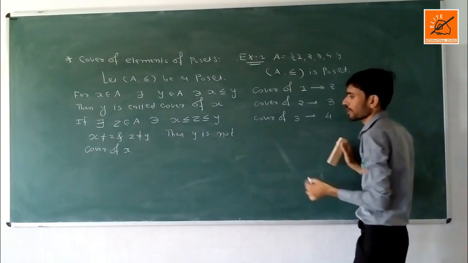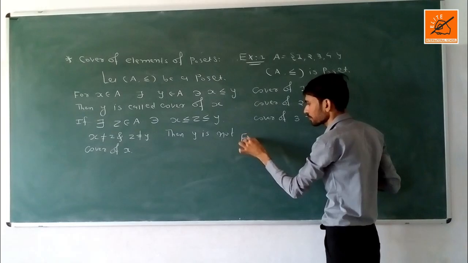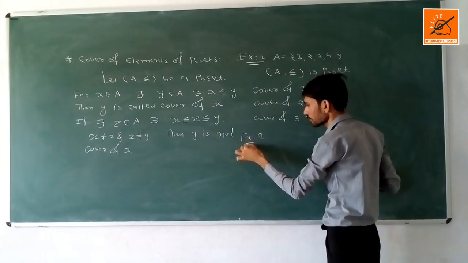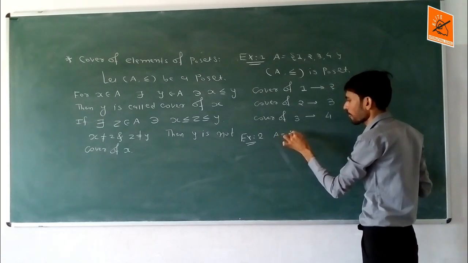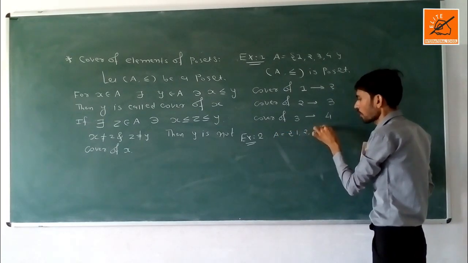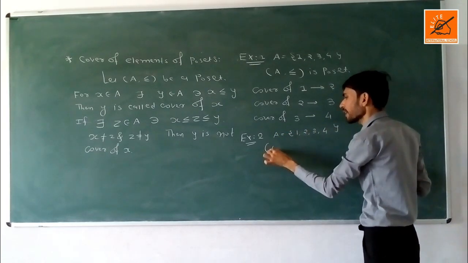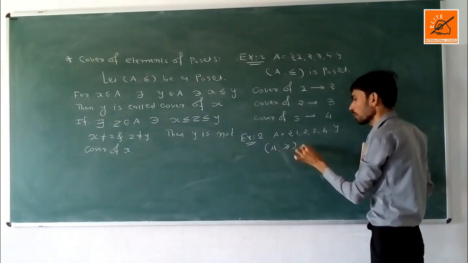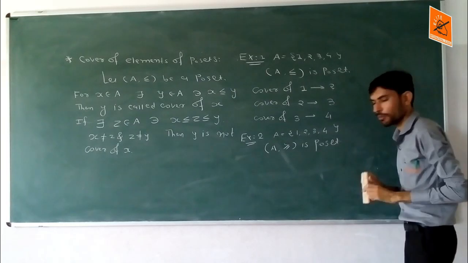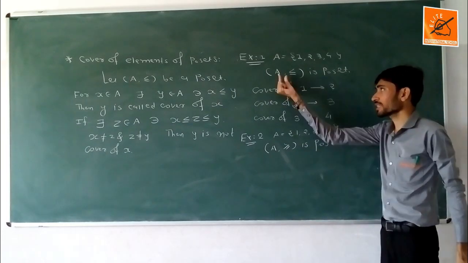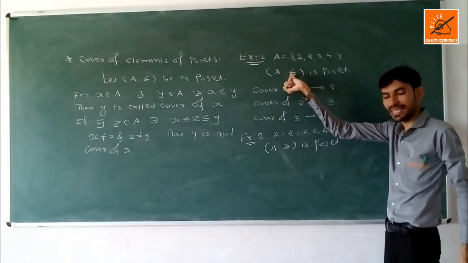Now we will consider another example. Consider set A equal to {1, 2, 3, 4}. And here we check the relation greater than or equal to, which is a poset. In the first example we considered the relation less than or equal to.